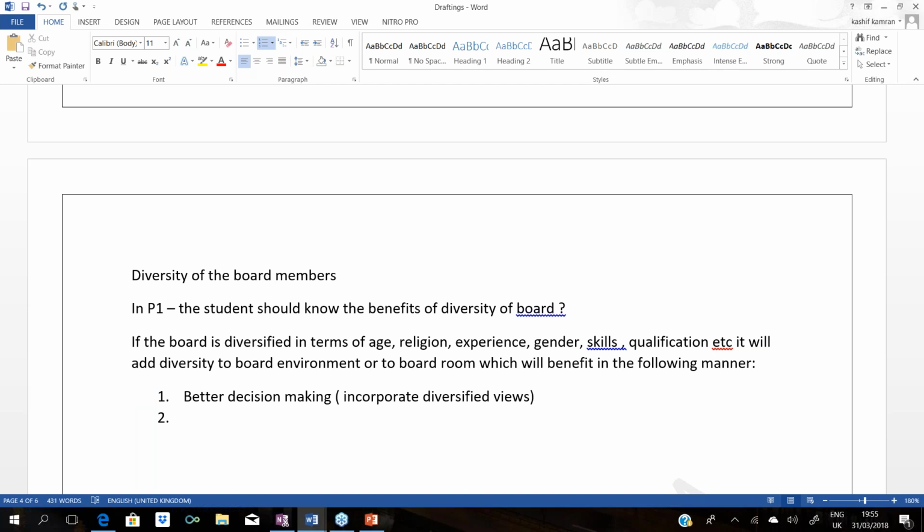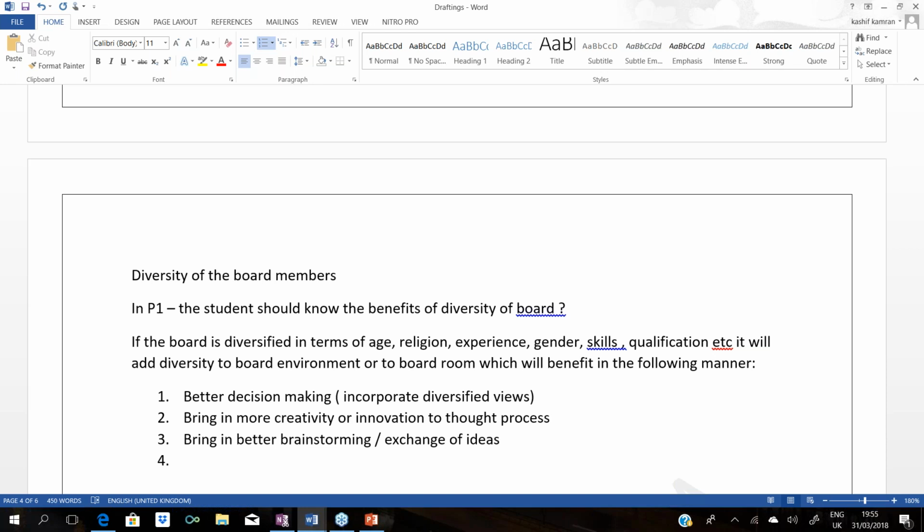Secondly, diversity would bring in more creativity or innovation to the thought process. And more importantly, diversity would bring in better brainstorming, better exchange of ideas.